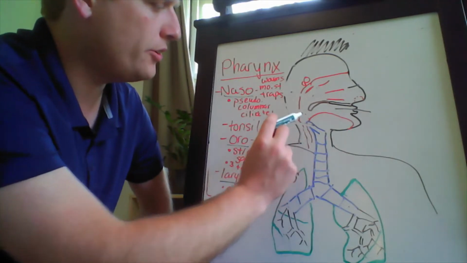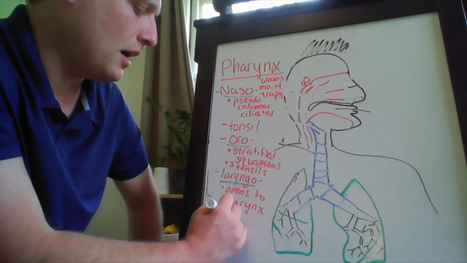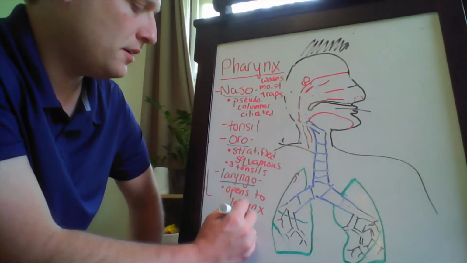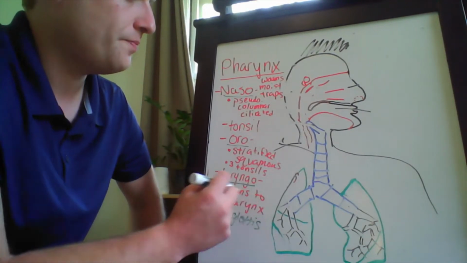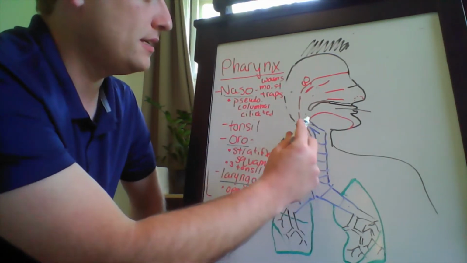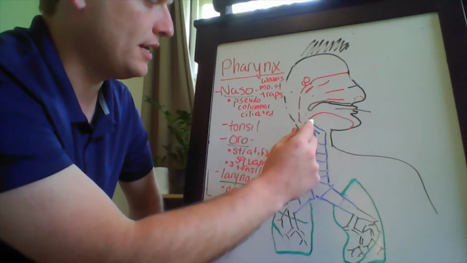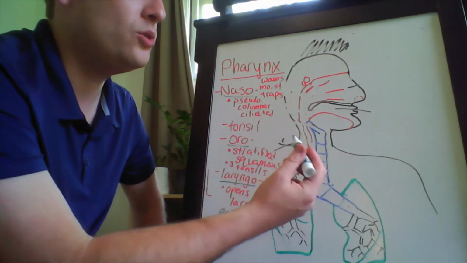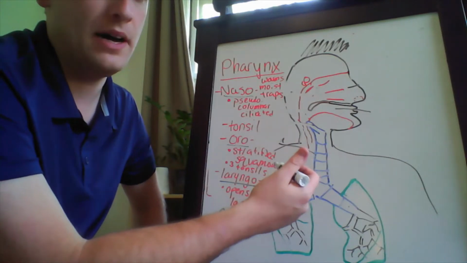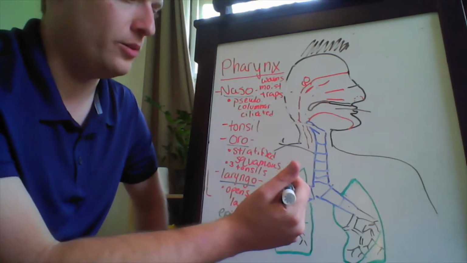Now, one other important structure that's associated here is the epiglottis. When you swallow, the epiglottis, this little flap of elastic cartilage, is going to close off the windpipe during swallowing.